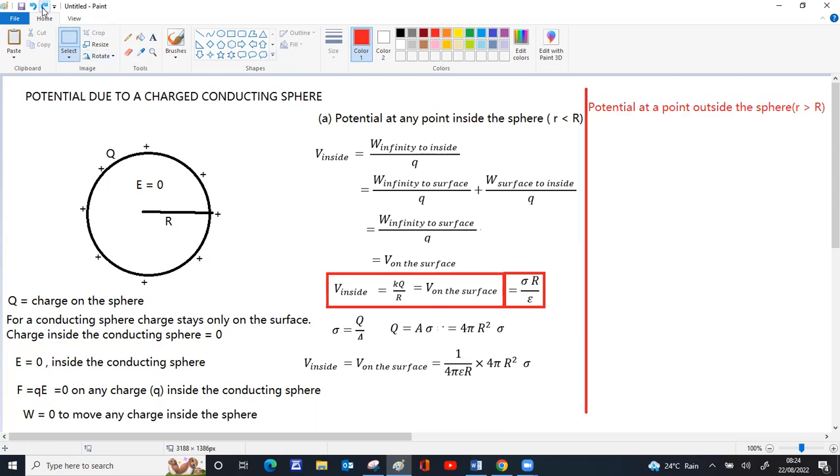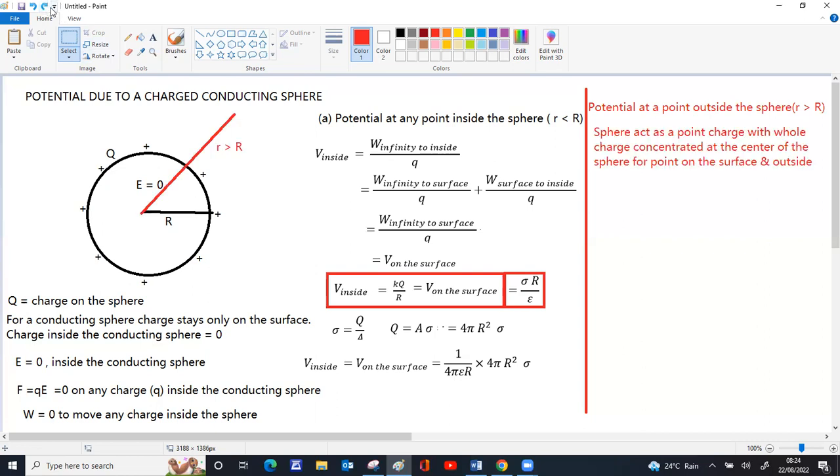Now potential at a point outside the sphere. So outside, small r is greater than capital R. Already we discussed that a sphere acts as a point charge with the whole charge assumed to be concentrated at the center, for points on the surface and outside. So you can treat this as a single point charge. For a single point charge, potential will be kq by r, the distance r.